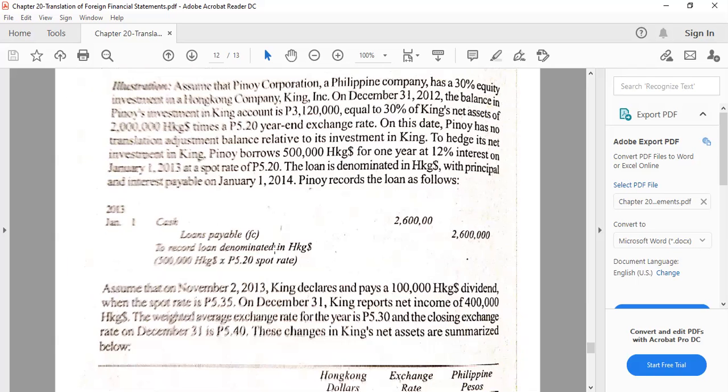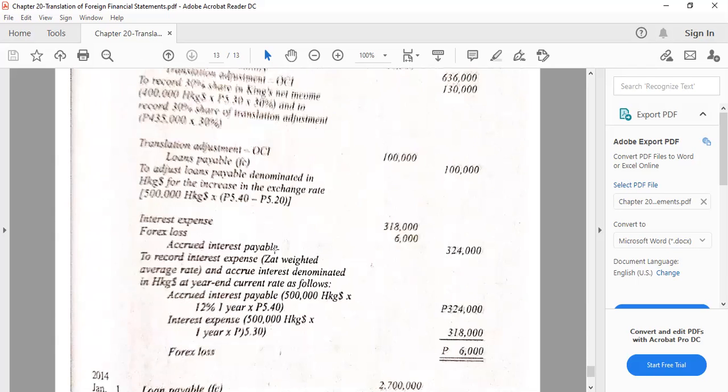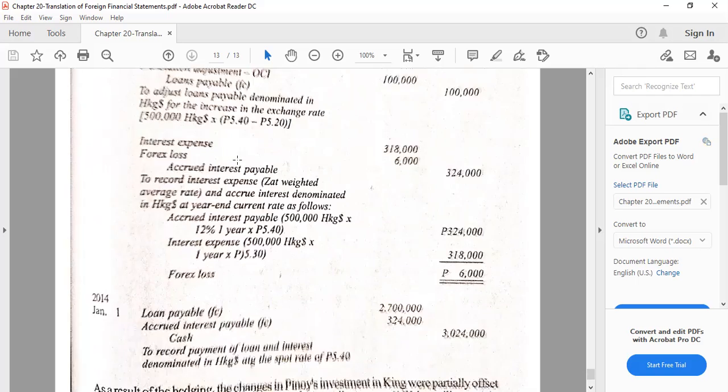Therefore, there's a need for us to translate that into the current or closing rate so that it will become 100,000 more. And then translation adjustment will be debited. Then we also have to include our computations for accrued interest payable, which is for 1 year at 12%.